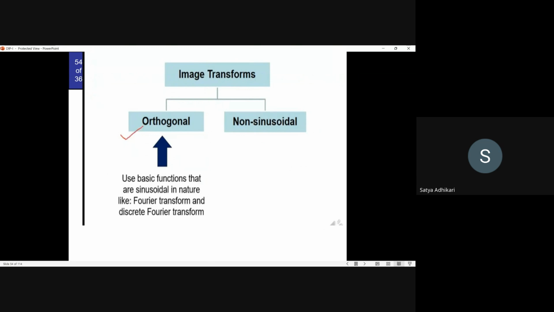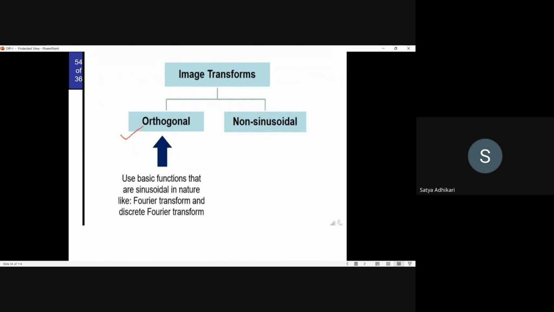There are some different methods for image transforms. Some methods are Fourier transform, discrete Fourier transform, known as orthogonal transformation.